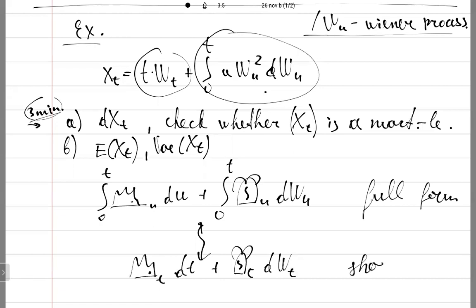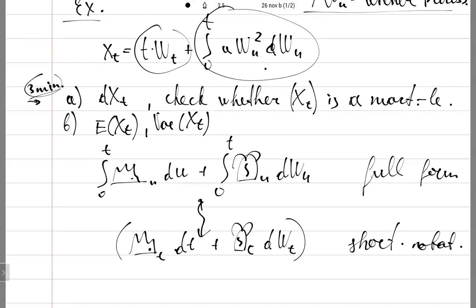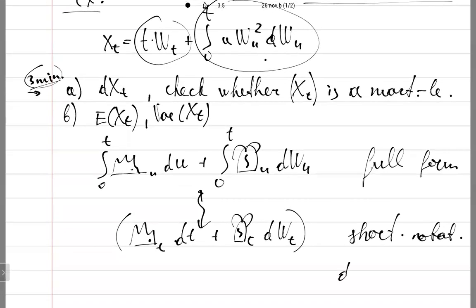This is shorthand notation. Once again, shorthand notation has no meaning by itself. It's meaningless to write something like dX equals W_t plus something, because this object is non-existent, and this is an honest random process. Shorthand notation is meaningless by itself.